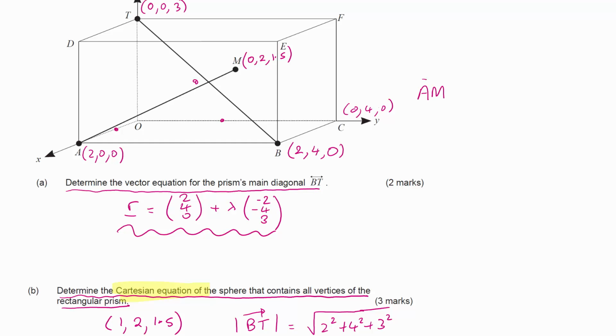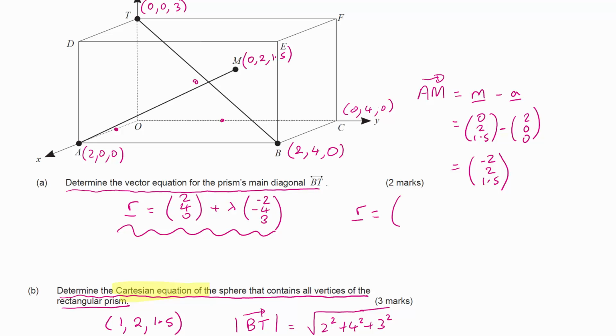So AM, turnaround rule, is M minus A. So that's (0, 2, 1.5) take away (2, 0, 0), which gives us (-2, 2, 1.5). And so we could say that this was r equals, start at A, (2, 0, 0), plus mu (-2, 2, 1.5).